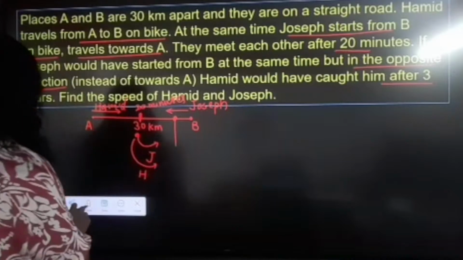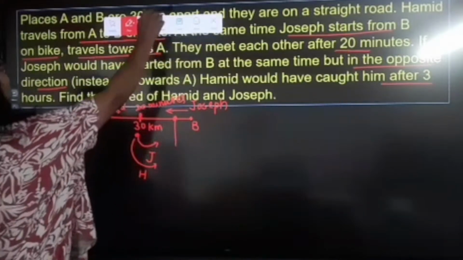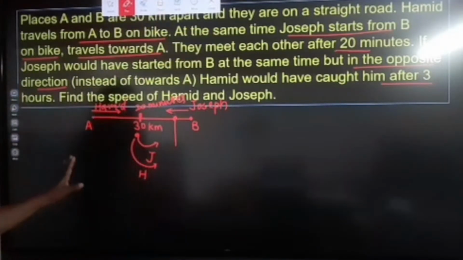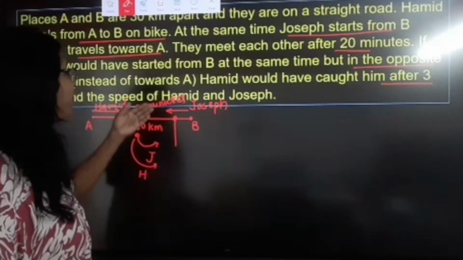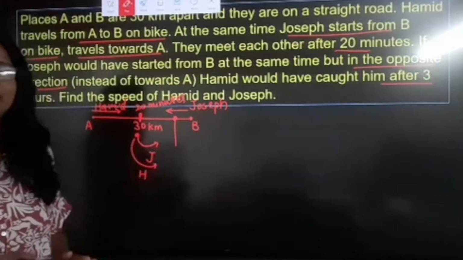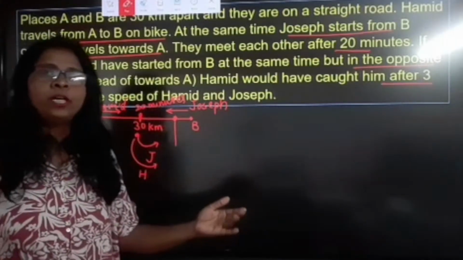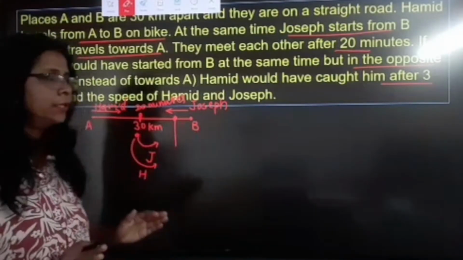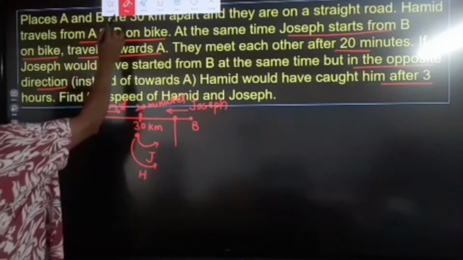Okay, students. First we have to find out the speed of Hamid and Joseph. So we have to consider the speed of Hamid and the speed of Joseph. Okay, students, that is the consideration.